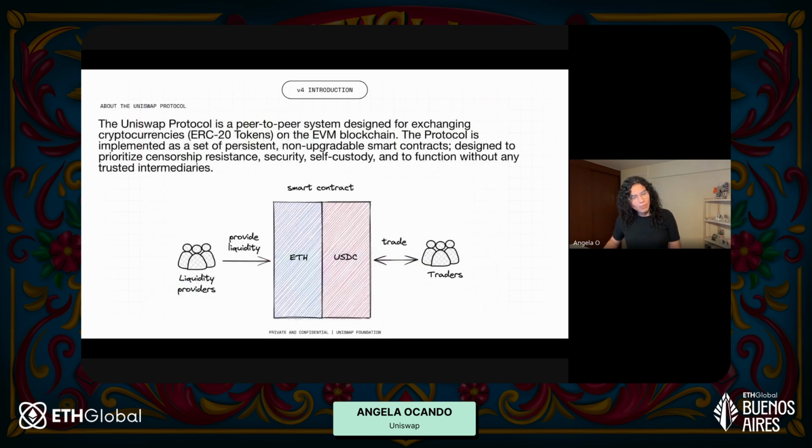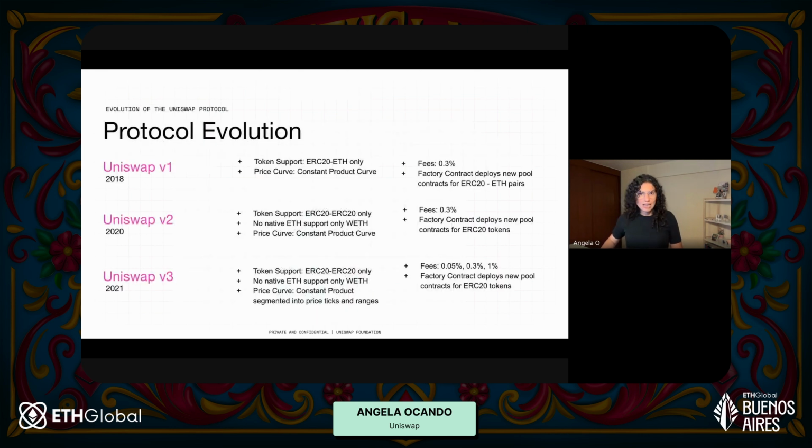There are plenty of possibilities. But at its core, Uniswap is a set of smart contracts that allows you to exchange cryptocurrencies or ERC20 tokens. It basically allows you to build this liquidity pool concept, a set of smart contracts that on one side connects liquidity providers and on the other the traders. That way anyone out there can swap tokens in a decentralized way.